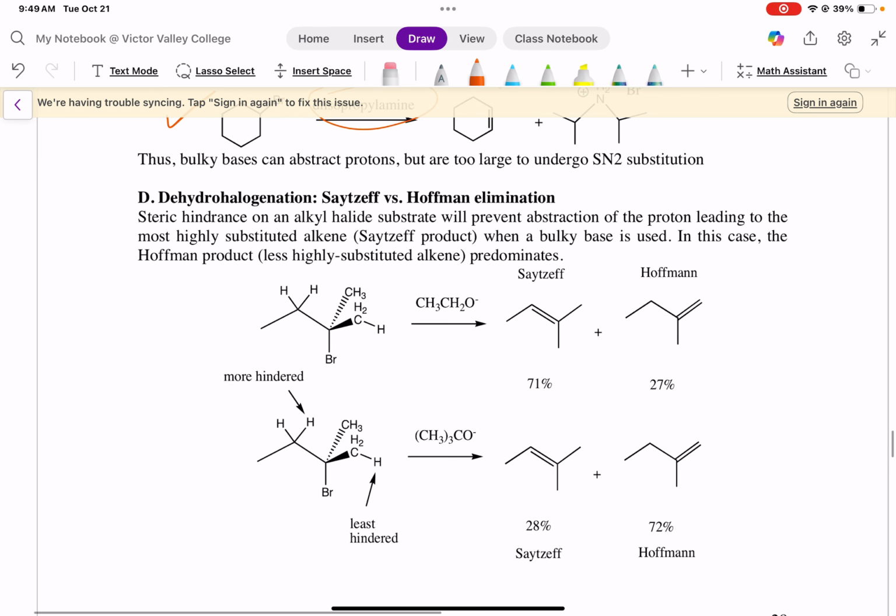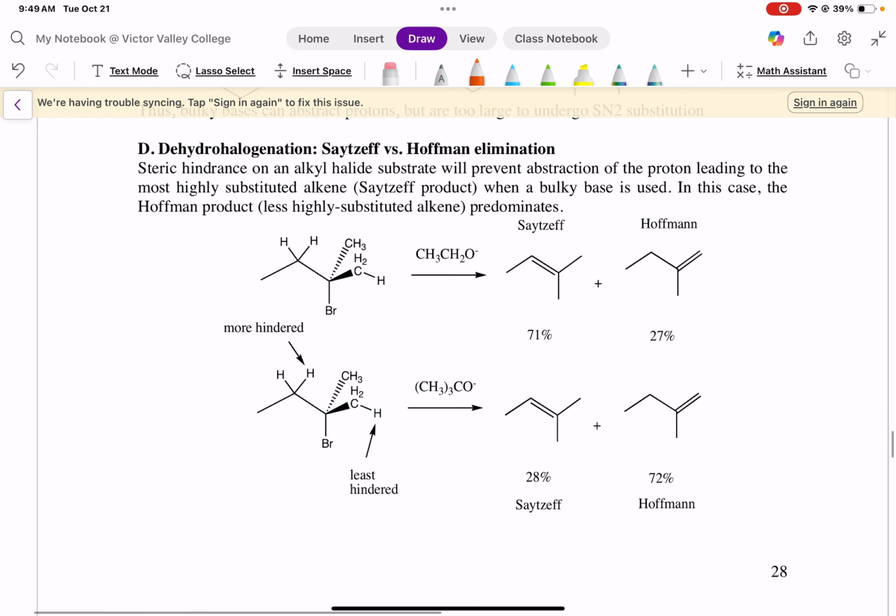Now, Zaitsev versus Hofmann elimination, you don't have to memorize the names, but at least know which product is more stable, therefore higher percentage. If you do a base that is not bulky, there's a difference in our outcome.